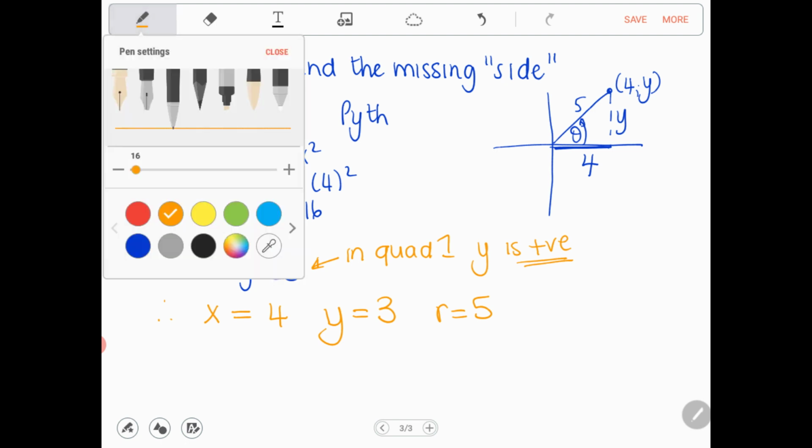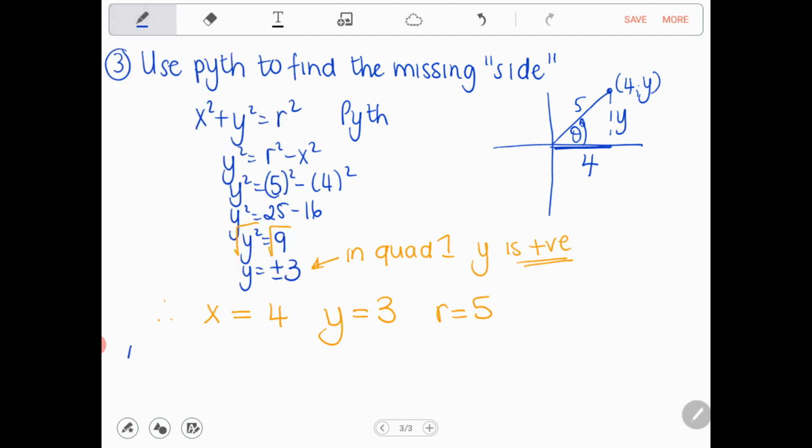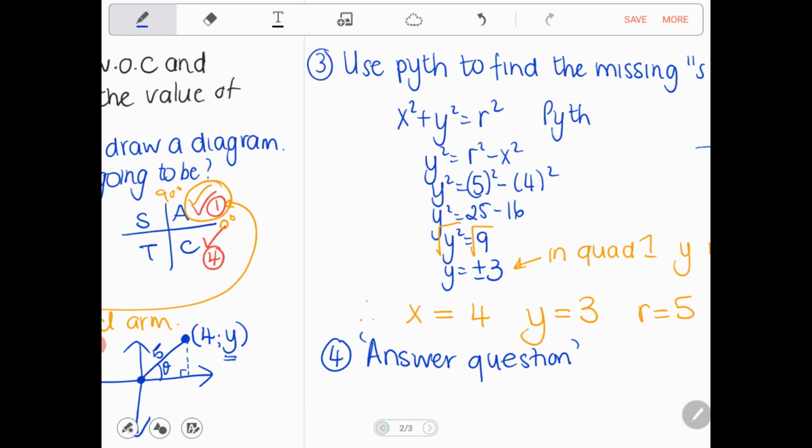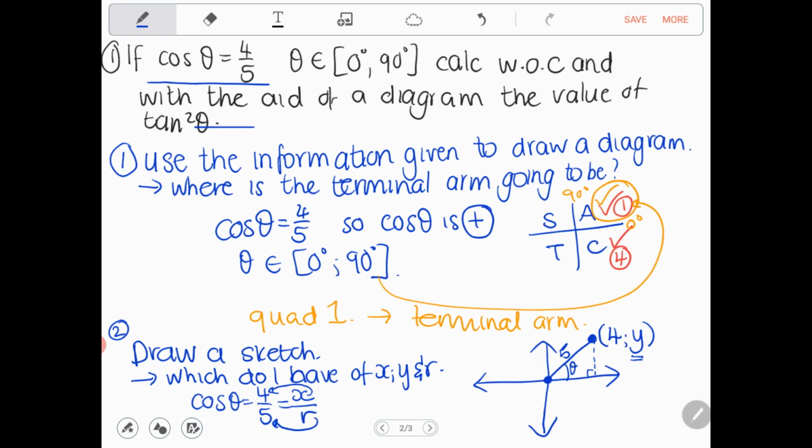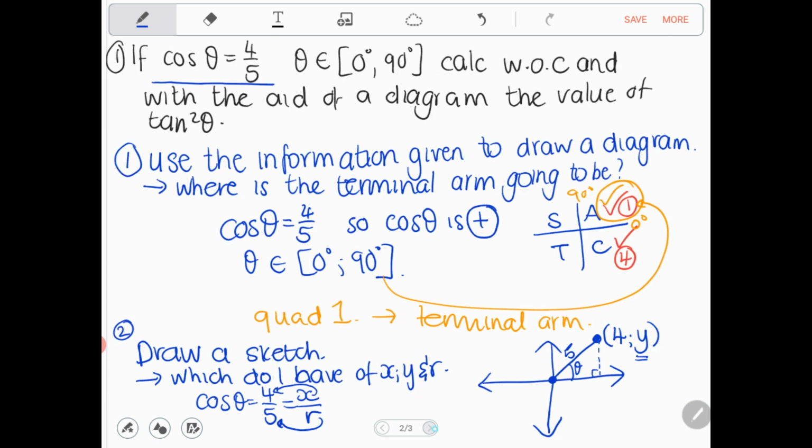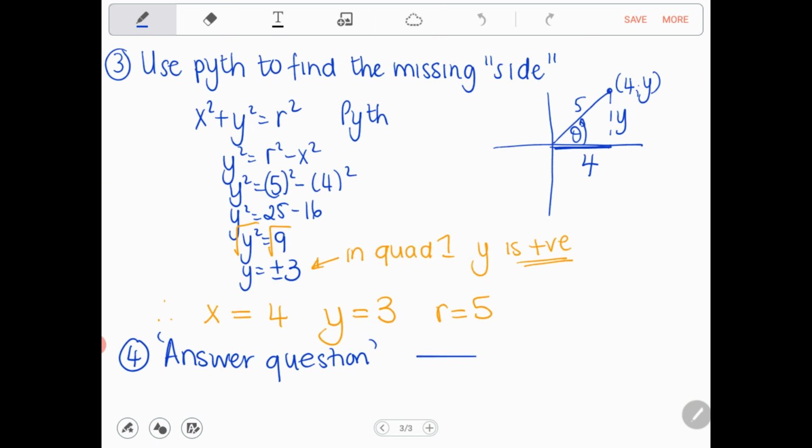All right, now I actually only answer the question in terms of find the value of the other thing. The question was, and I actually can't remember, find the value of tan squared. So only now do we actually go back to find the value of tan squared theta.